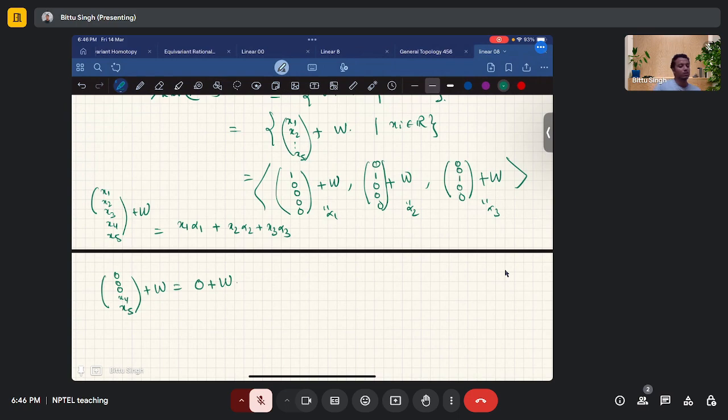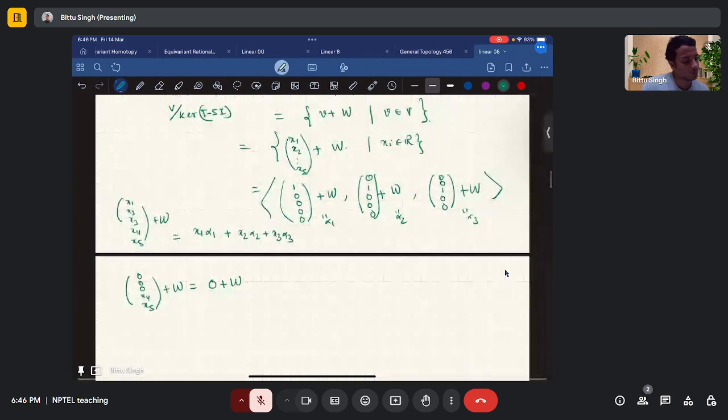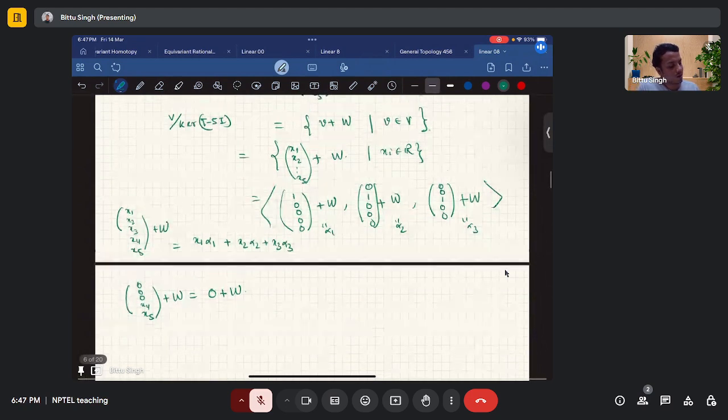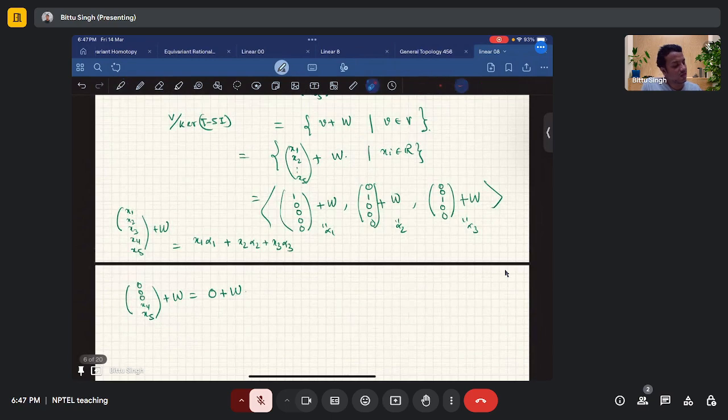Okay, so as a result, this V mod kernel T minus 5I can be taken as generated by those 3 elements. And let us see what is T applied on alpha 1.